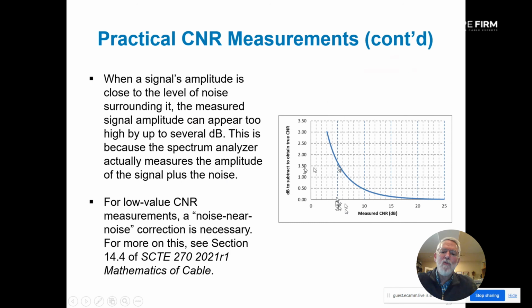That's what you have to subtract to obtain the true CNR. So if you measure a 5 dB CNR, you need to subtract 1.5 from it, so you're actually at 3.5 dB CNR, because you're so close to the noise floor when you're trying to measure this. So that's an important point to keep in mind when measuring very low carrier to noise ratios.